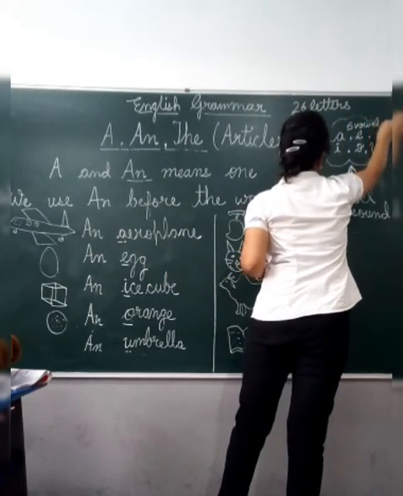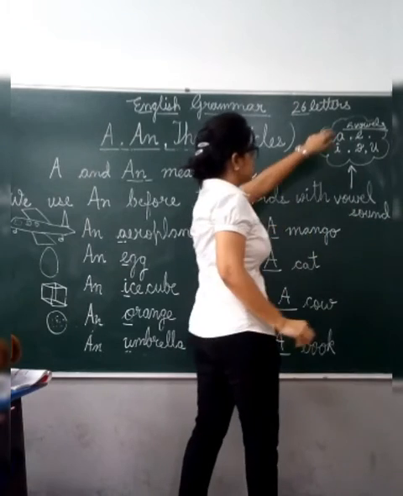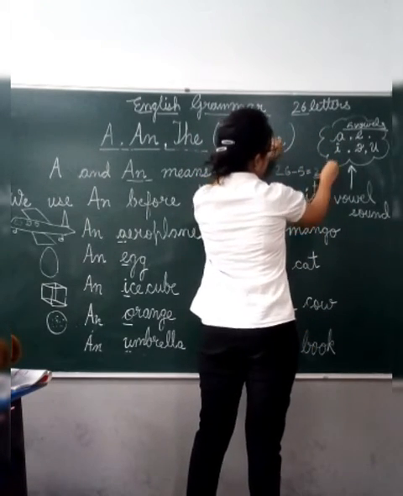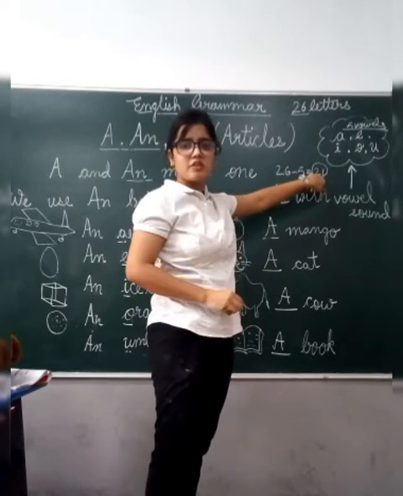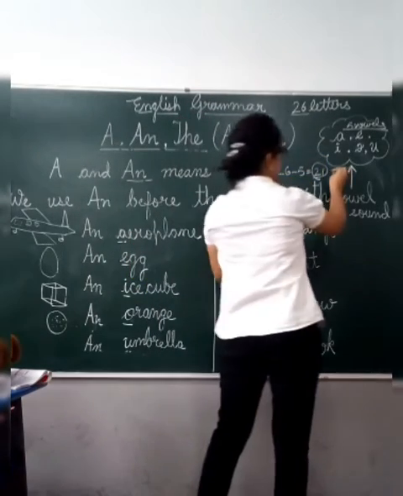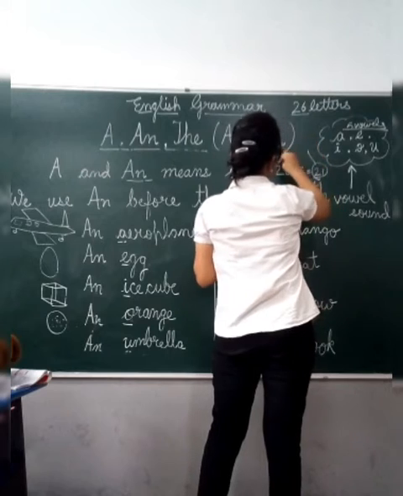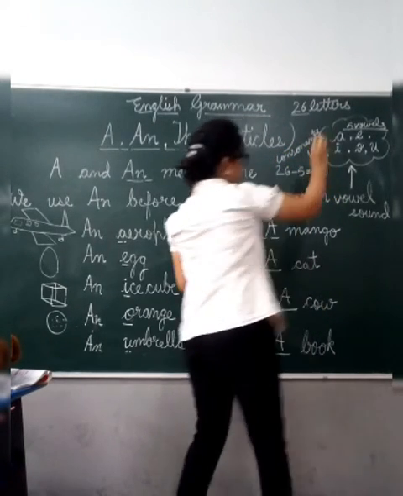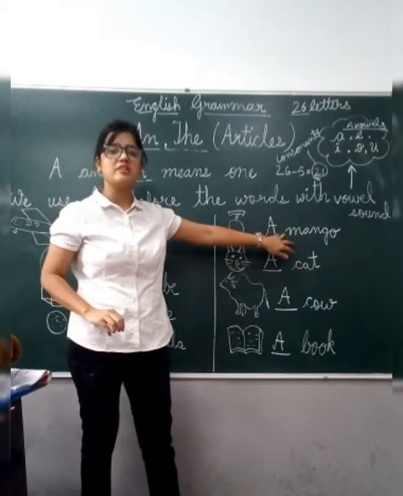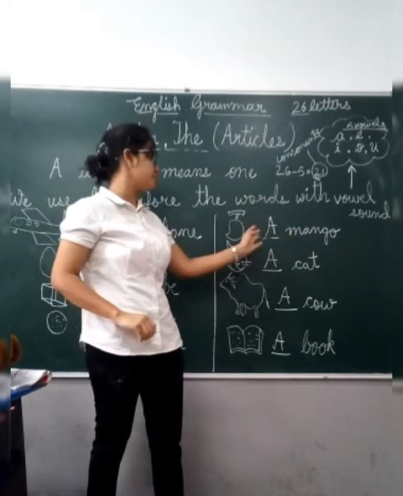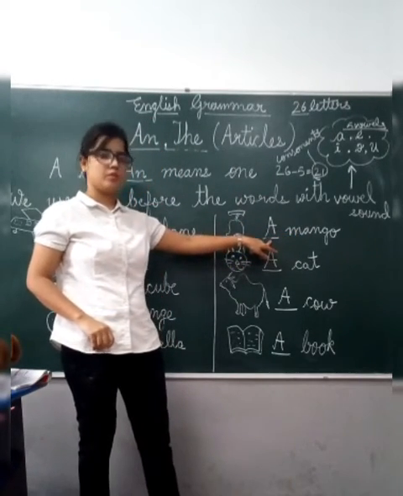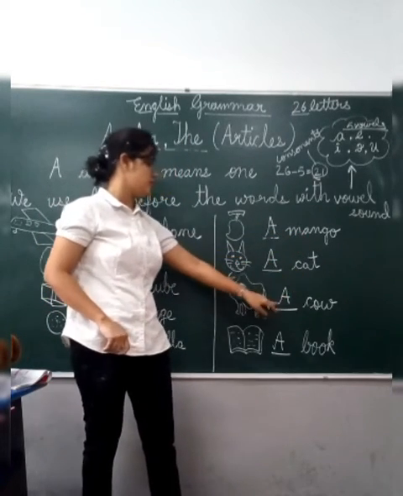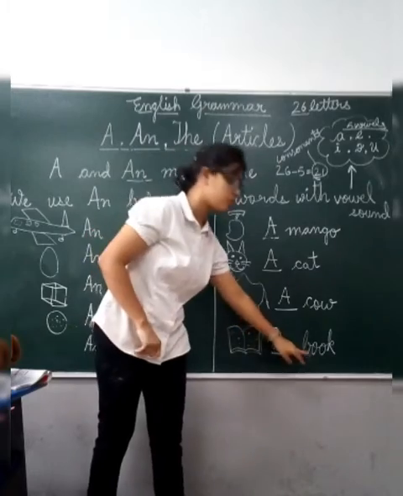So 26 minus 5 means 21. So what are those 21 letters called? We call them consonants. Okay, so the word which starts with consonant letters, before them we use a. Like a mango, a cat, a cow, a book.